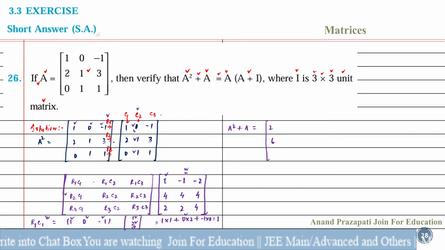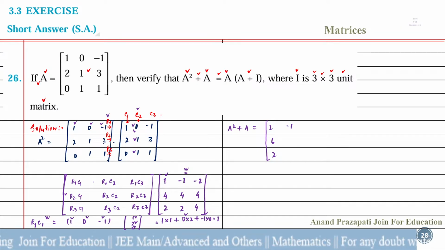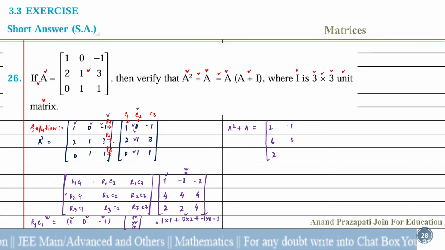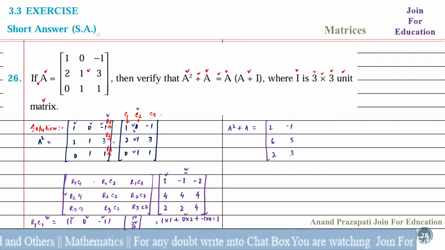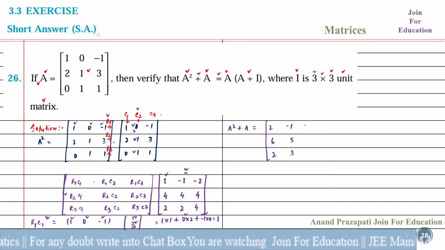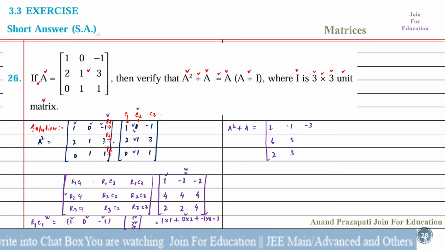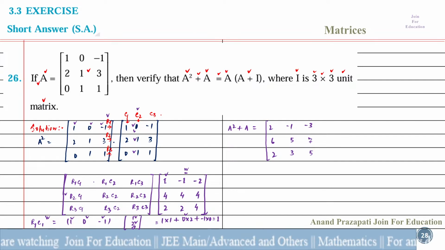And 0 plus minus 1 equal to minus 1. 1 plus 4 equal to 5, and 1 plus 2 equal to 3, and minus 1 plus minus 2 equal to minus 3, 3 plus 4 equal to 7, and 1 plus 4 equal to 5.